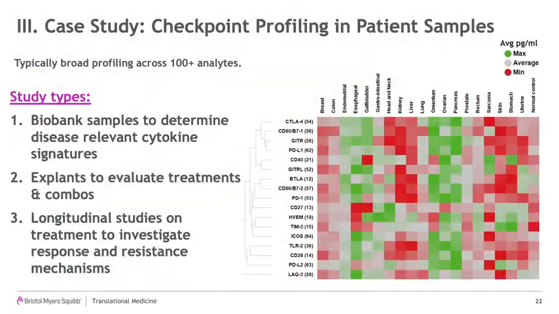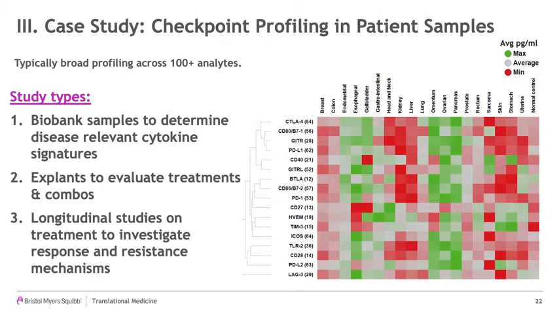In my last IO-specific case study, I want to talk very briefly about our work with patient samples. When we obtain these types of samples, we typically perform broad profiling, as much as the sample volumes permit, often for 100 plus analytes.